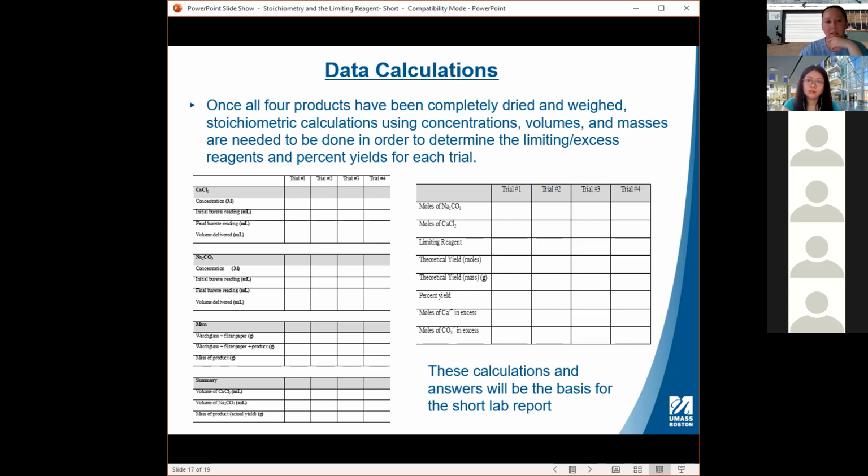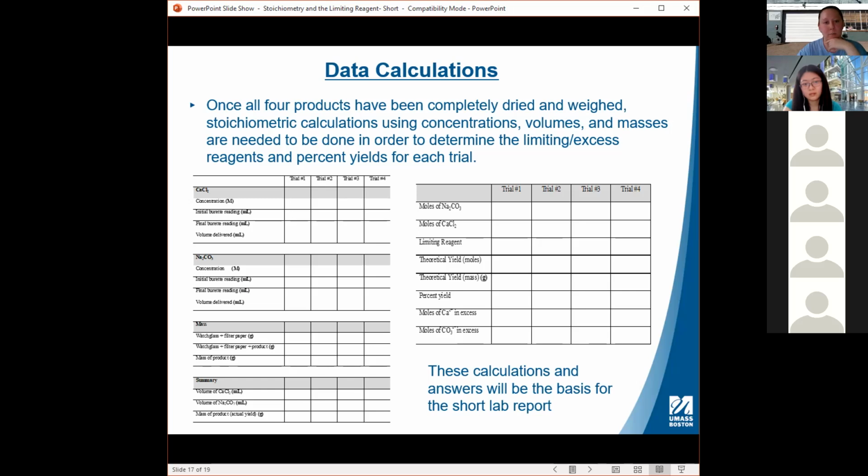Okay. So your data and calculations, this is what the table looks like in your lab manual. Make sure that everything is filled out. The concentrations of calcium chloride and sodium carbonate, you will need to figure out how many moles of each that you have. In the previous examples, we had grams, and we used molar mass to convert to moles.